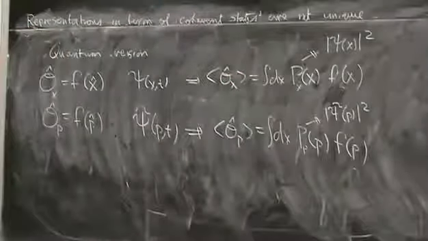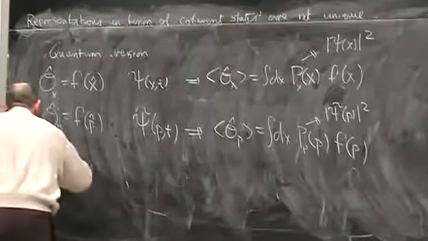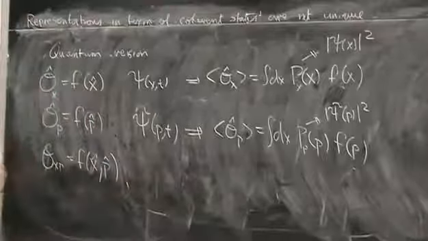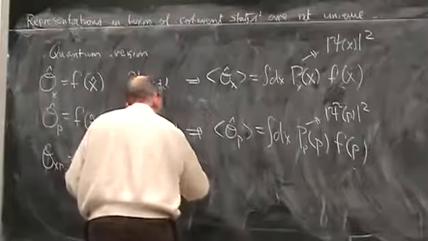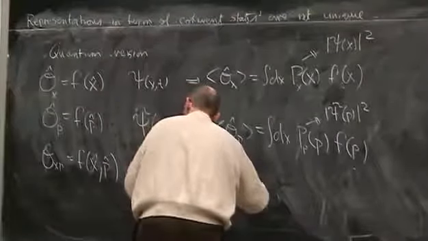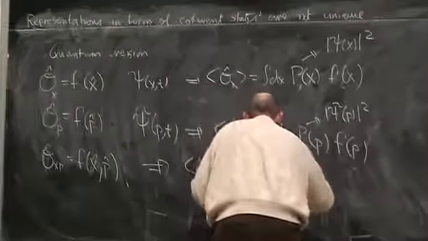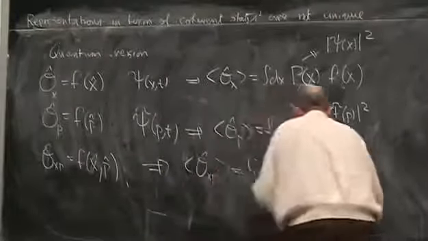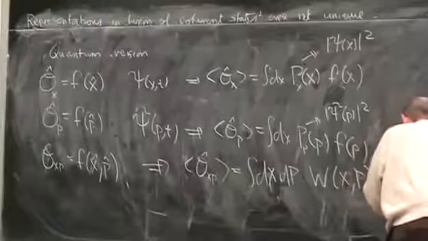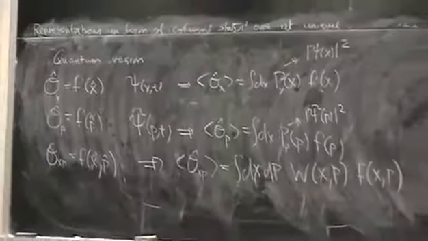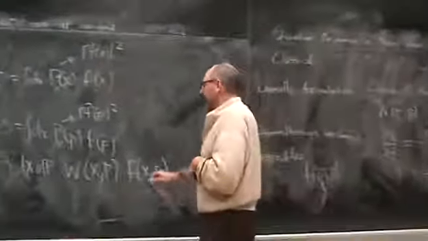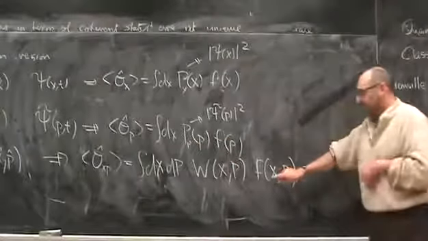However, if I have an observable which is some function of both x and p, and I wanted to look at what is the expected value of this thing, what I would like is that this thing is some average over a phase space distribution times the function evaluated at the values x and p.